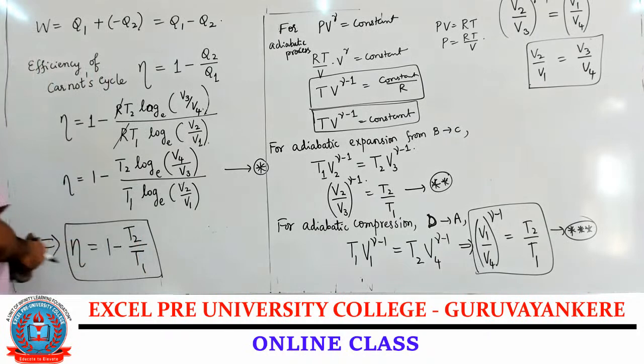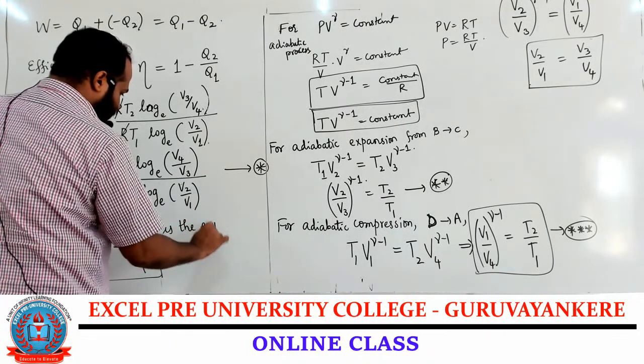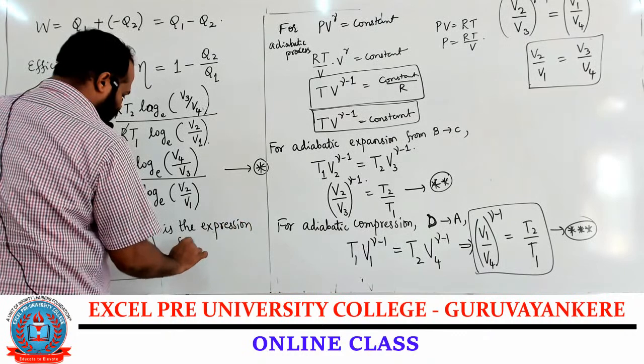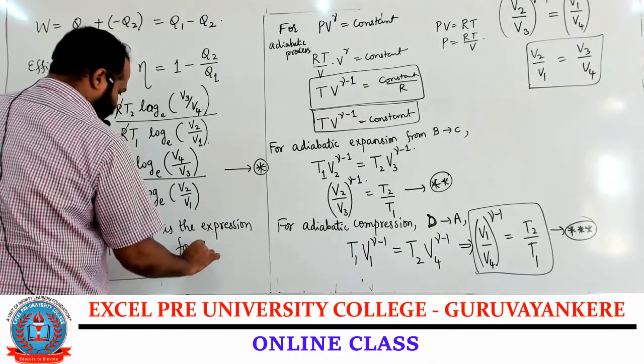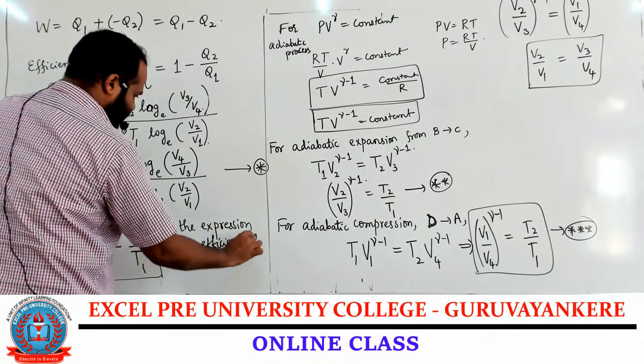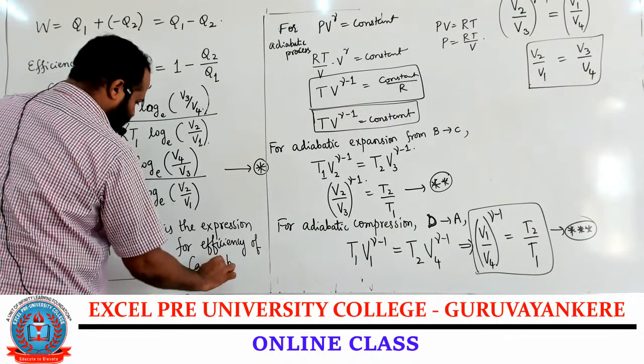T2 by T1 is the expression for the efficiency of Carnot's heat engine.